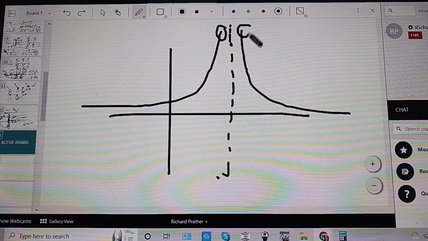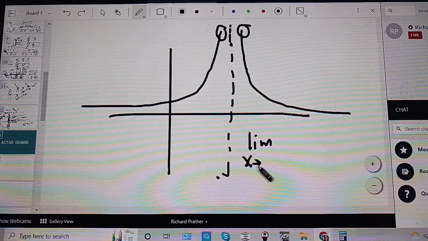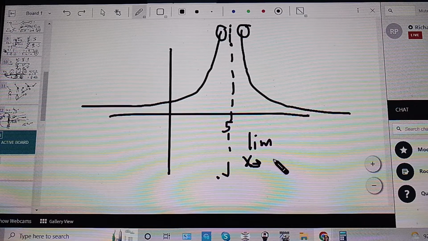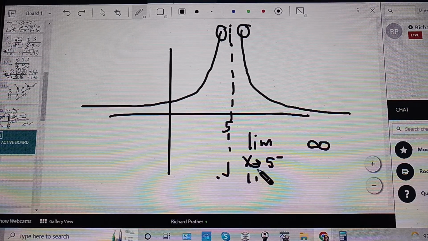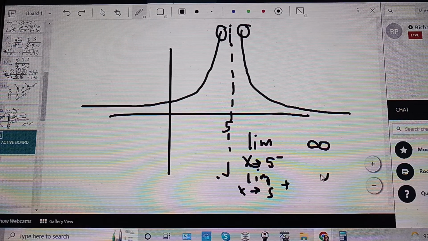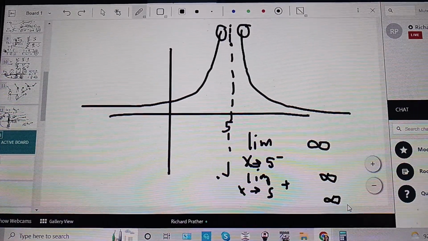The right-sided limit is infinity. That can happen. So the limit as x approaches, let's just say this is a 5 here, 5 from the left, that can be infinity. And then the limit as x approaches 5 from the right, that can be infinity. So even though these things don't really exist, there's agreement between them, so then the overall limit can be infinity, since there's an agreement between those two.